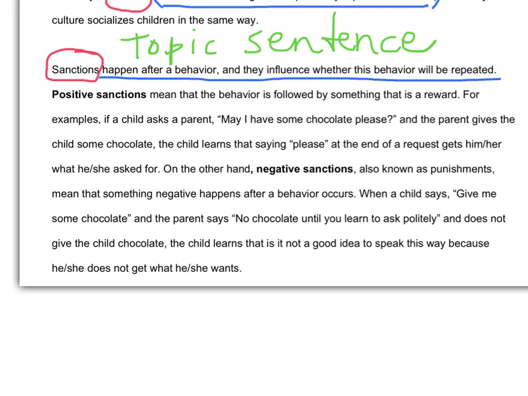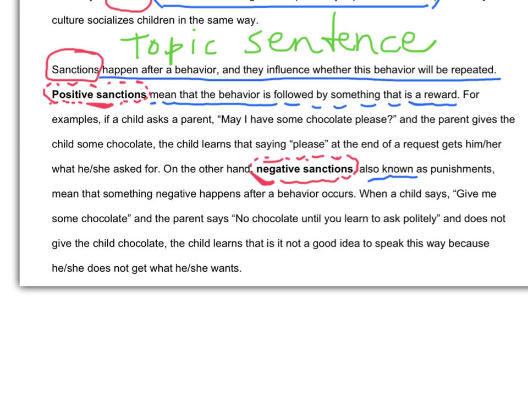Okay, next we have positive sanctions, and then we also have a definition for it. Down here, we have negative sanctions, and we have a definition for it.